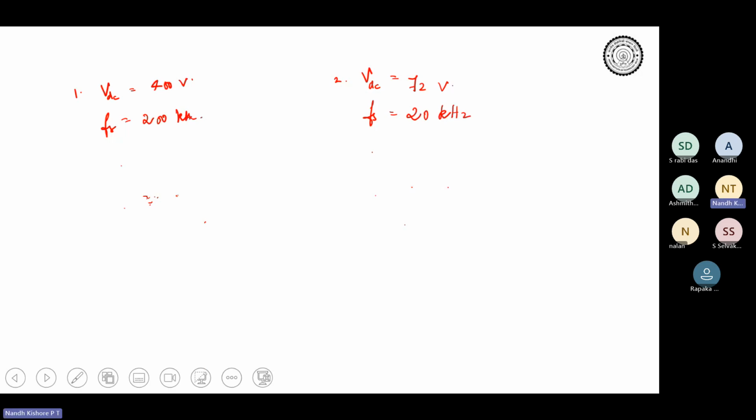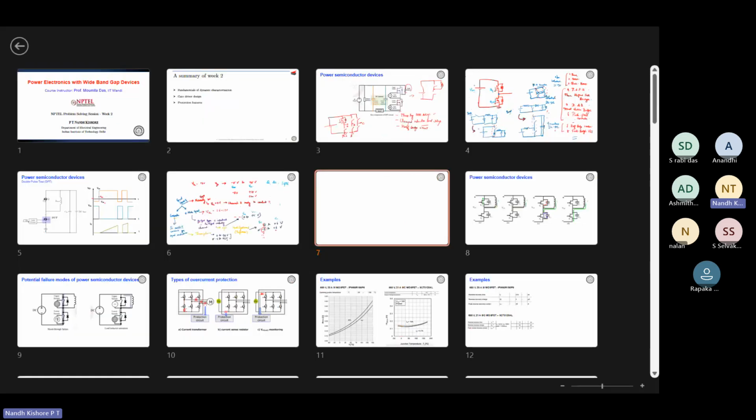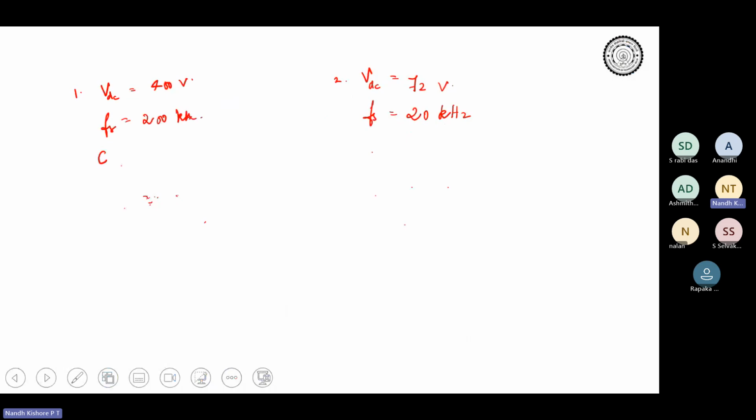And let's take two devices. I will just take two different commercially available devices, so it will be more interesting. So this is a GaN Systems device. Let's say you take GS66516T.